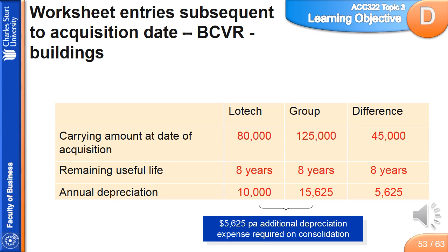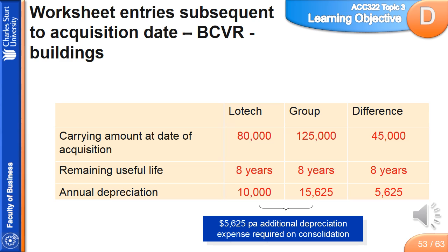So here are the calculations that you would do to determine the difference in depreciation amounts charged within Low-Tech, the subsidiary's accounts, and the consolidated group accounts. So here we have the carrying amount for Low-Tech's only $80,000, and the remaining useful life is 8 years, and that will be the same for the group as well.